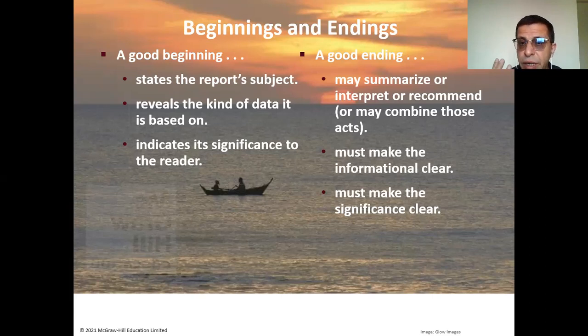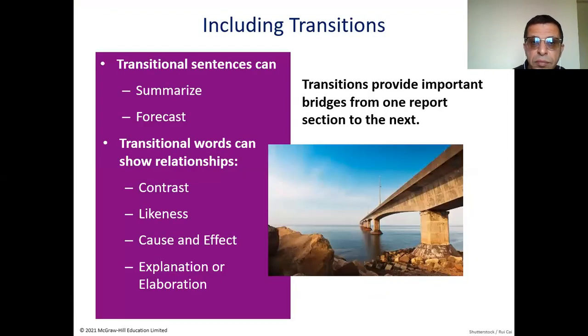In a good ending, you may summarize, interpret, recommend, or make a combination. You might want to start with an executive summary; it must make the information clear and the significance clear. The last thing you do is the executive summary, but you put it upfront.